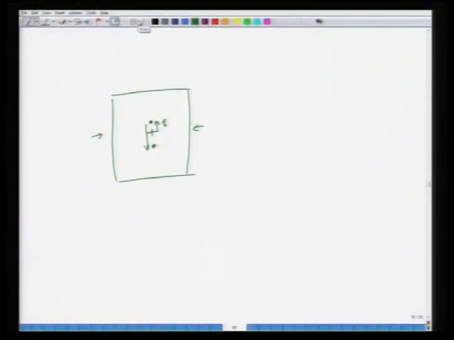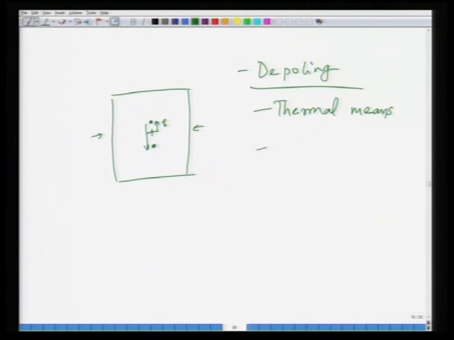So, basically what you have is depoling, or disappearance of polarization, by thermal means, by electric means, and by mechanical means.